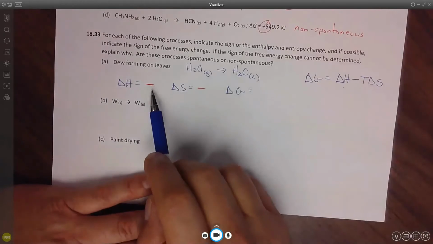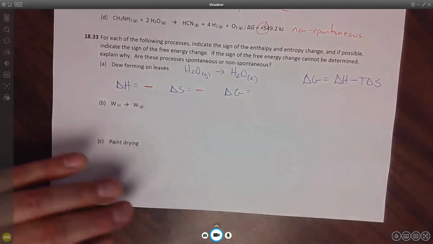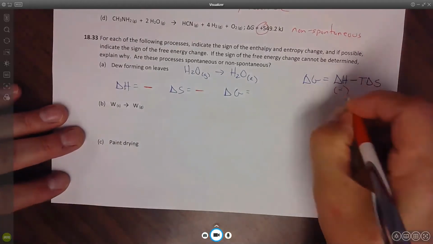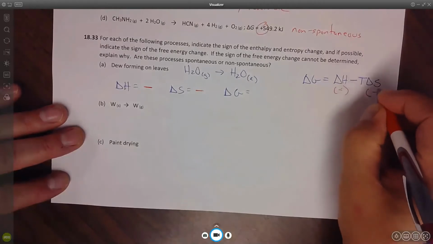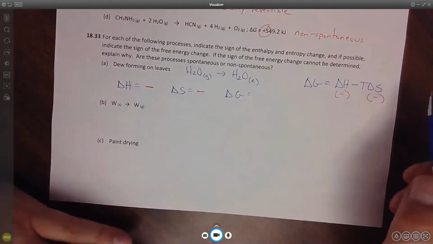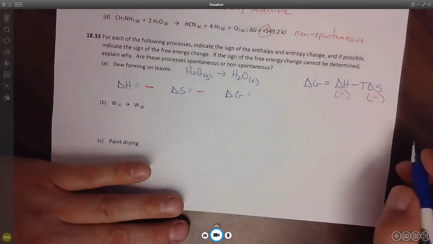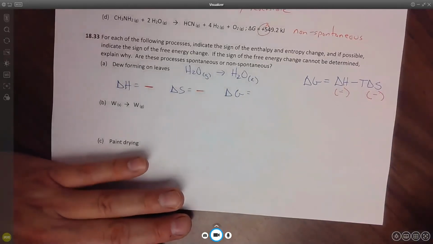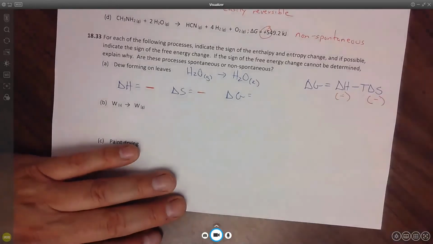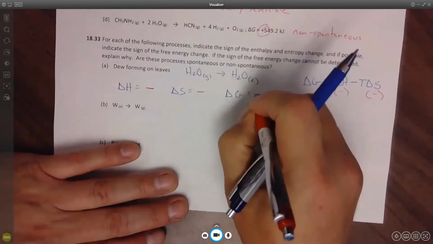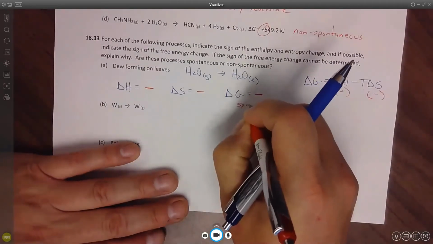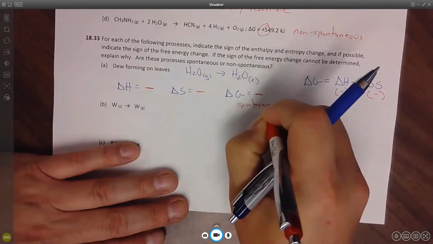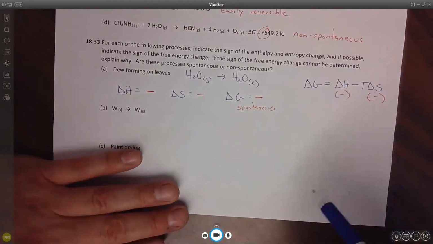So if this is negative and this is negative, what were you telling me about del G? When will it be spontaneous? What sign do I want for it to be spontaneous? You want a negative. Negative, right, so spontaneous. Now, do you need to tell me anything more about that?